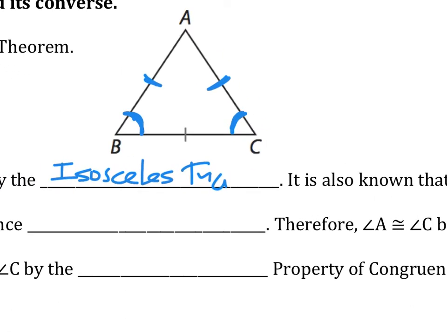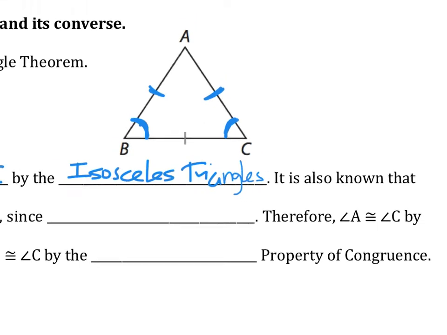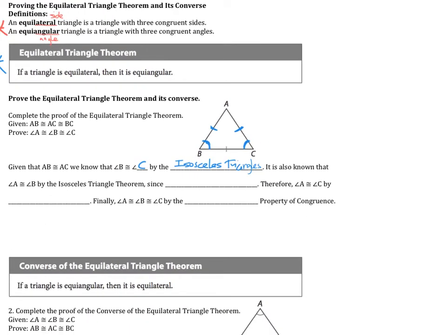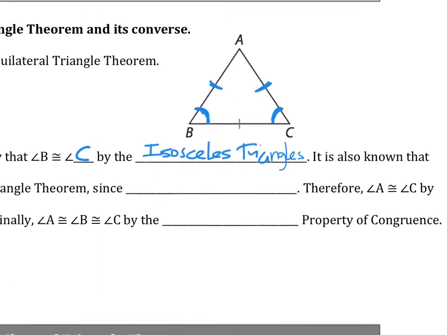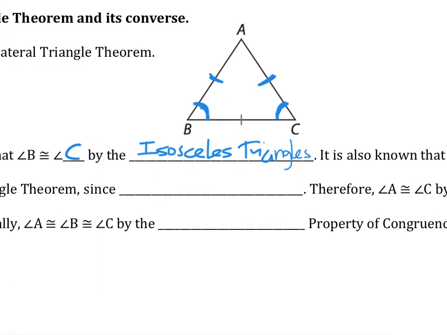It is also known that angle A is congruent to angle B by the isosceles triangle theorem, since side AC is congruent to BC.